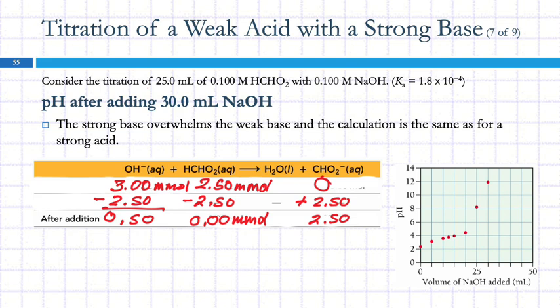We have to turn these into molarity. So the 2.500 millimoles, our new volume is 25 plus 30. So 0.04545. So we're going to be looking at the base ionization.